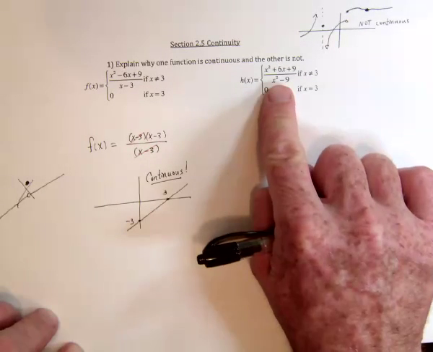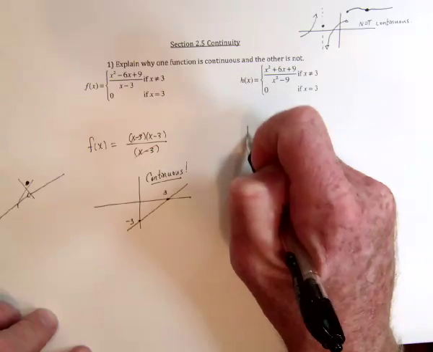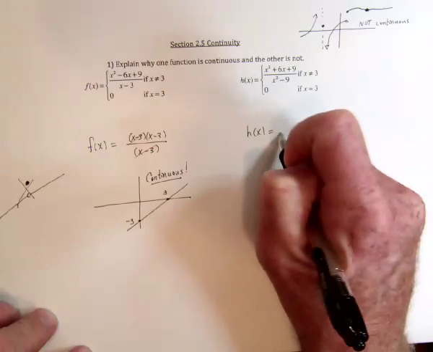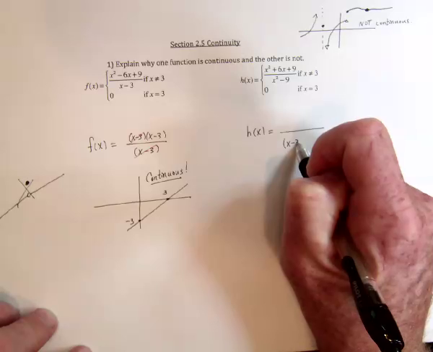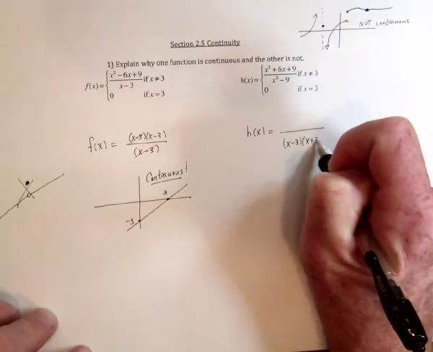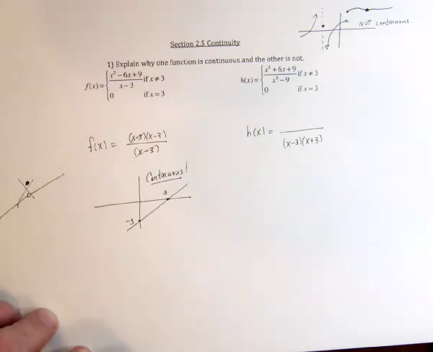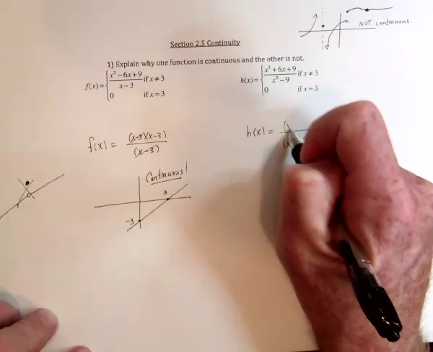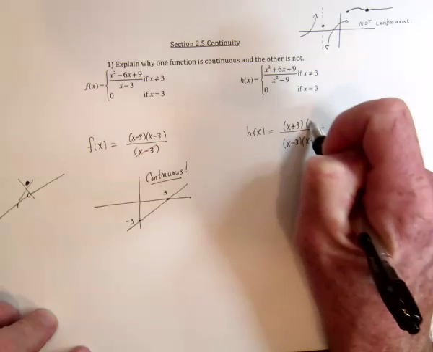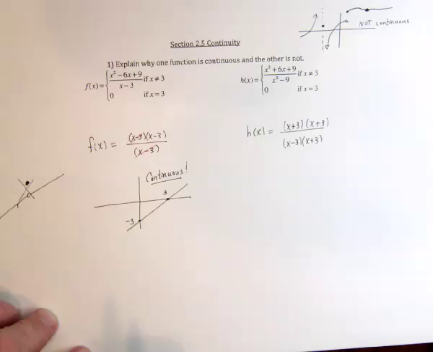But if you take a look at this one, this one can be factored as well. The bottom is x plus 3 and x minus 3. The top is x plus 3 and x plus 3.